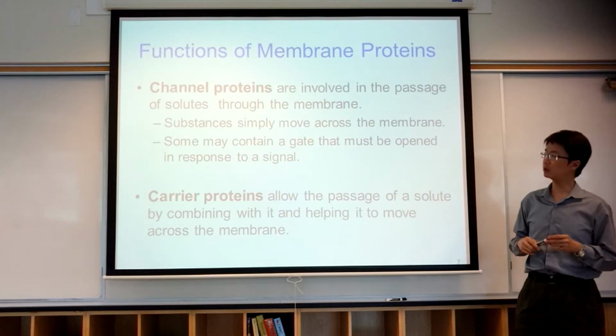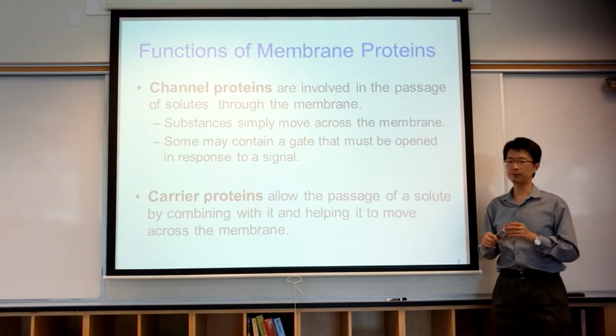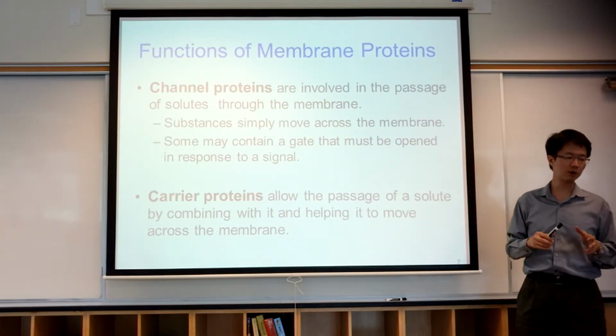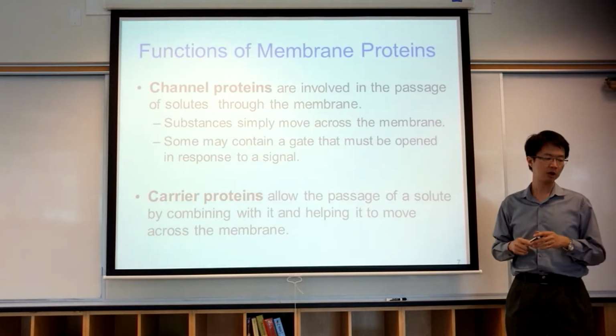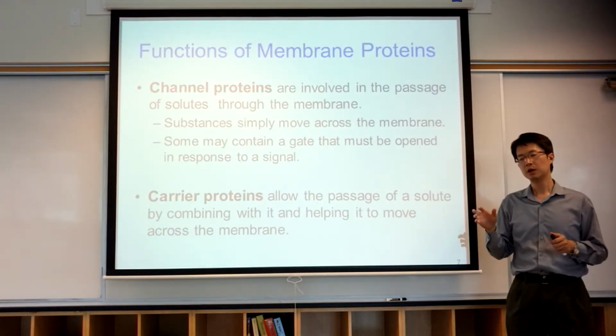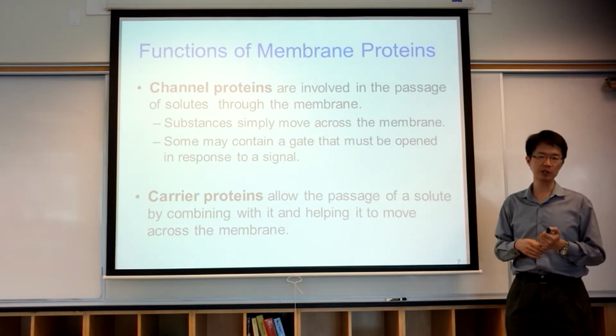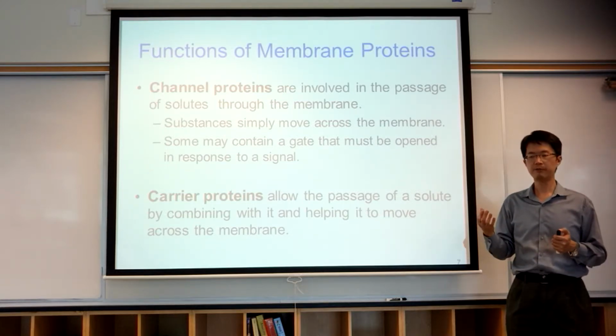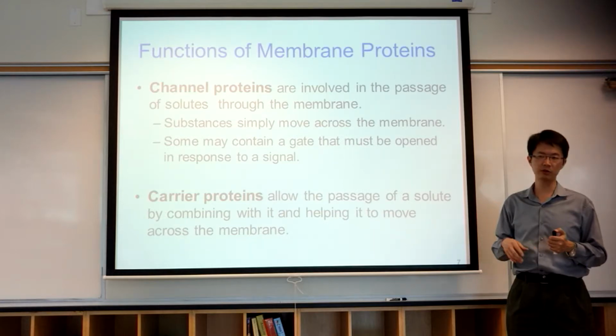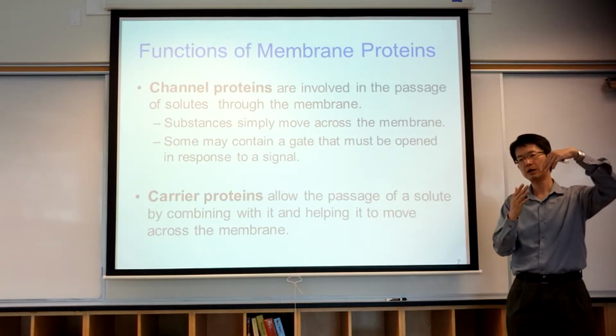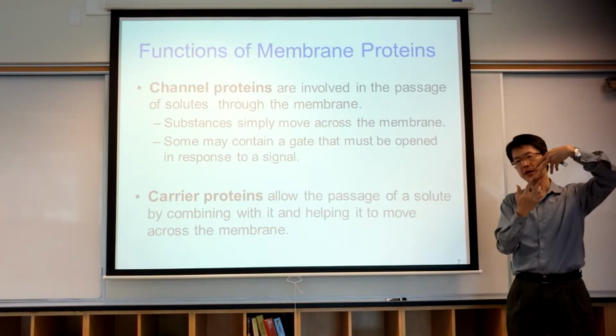And then you have channel protein. Some of the proteins on the membrane work as a channel. So what is a channel? For example, ions, like sodium ion or potassium ion, are charged molecules. They have a charge, so they cannot go through the phospholipid bilayer because you have the non-polar lipid tail in the middle.